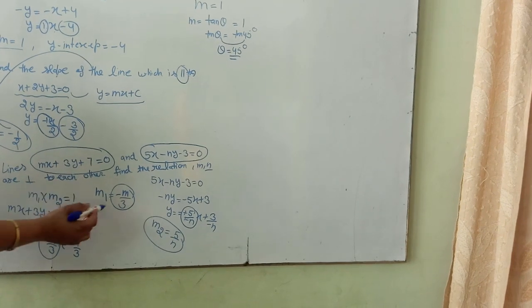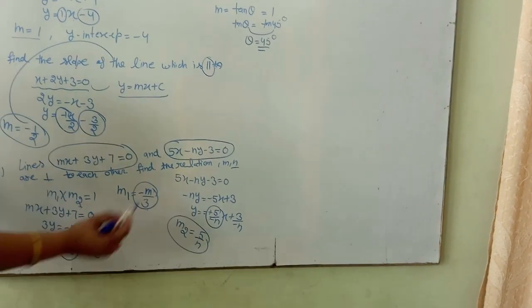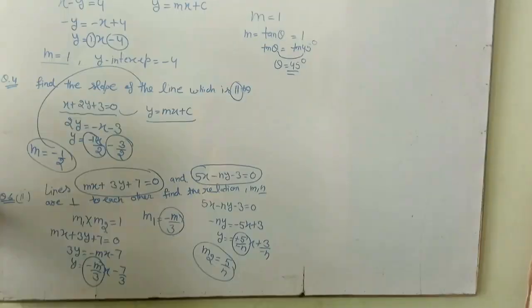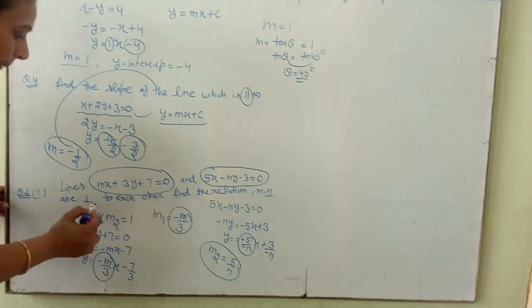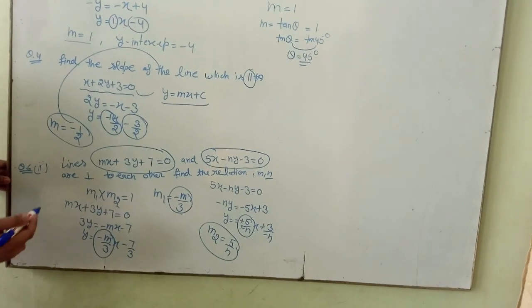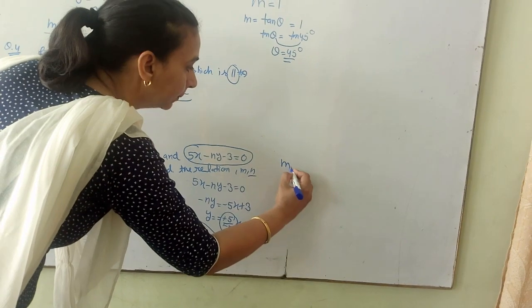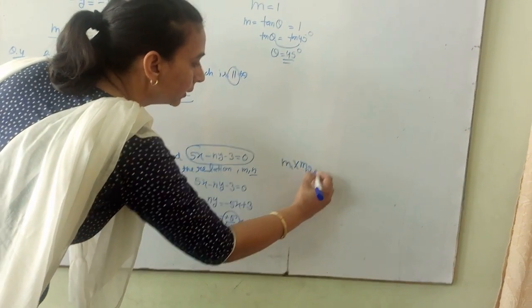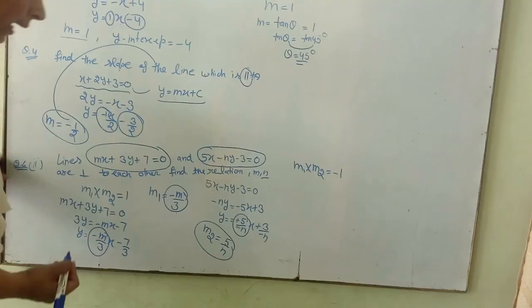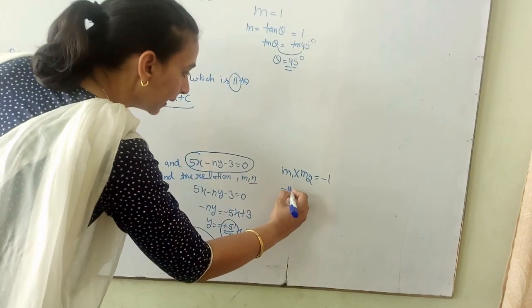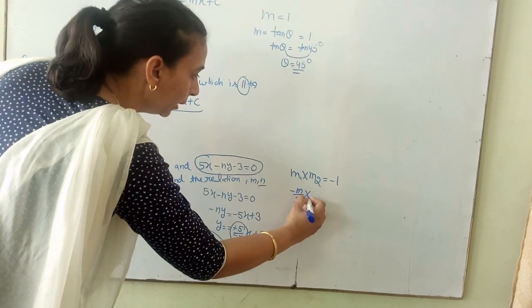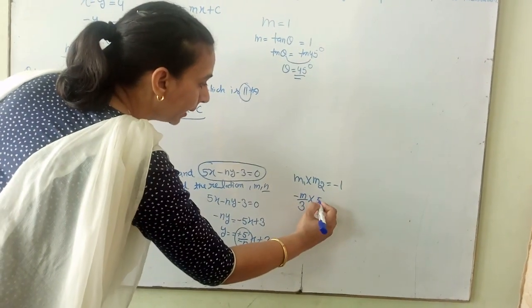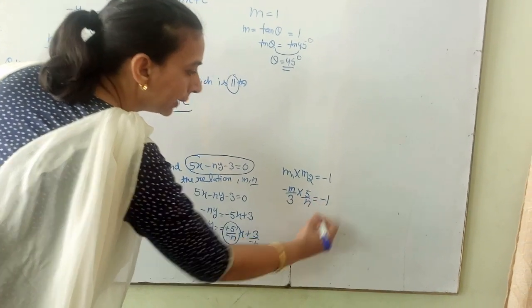Slope of the first line is minus m by 3. Slope of the second line is 5 by n. And both the lines are perpendicular to each other. Then the relation is m1 multiplied by m2 equal to minus 1. m1 is minus m by 3, into m2, 5 by n, equal to minus 1.